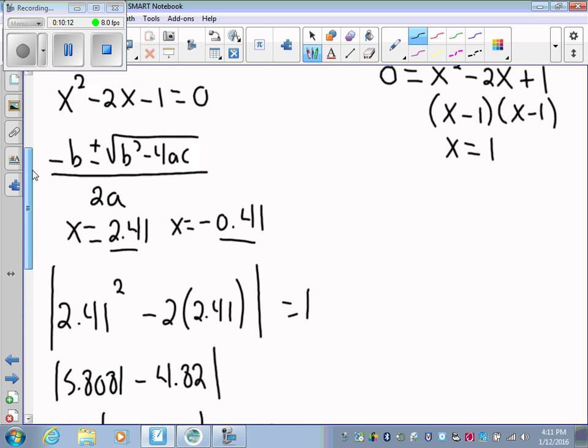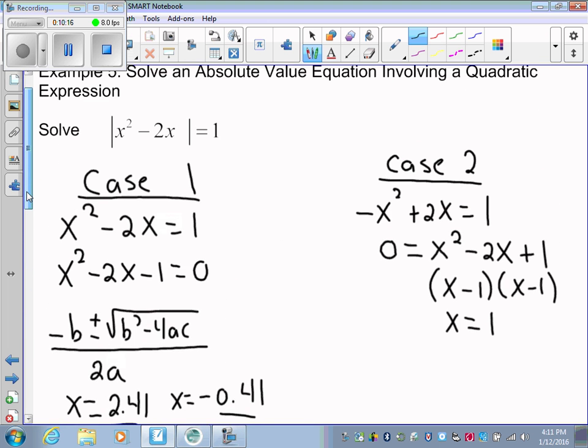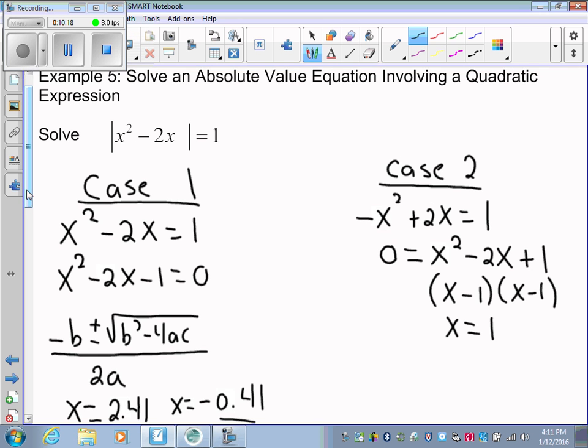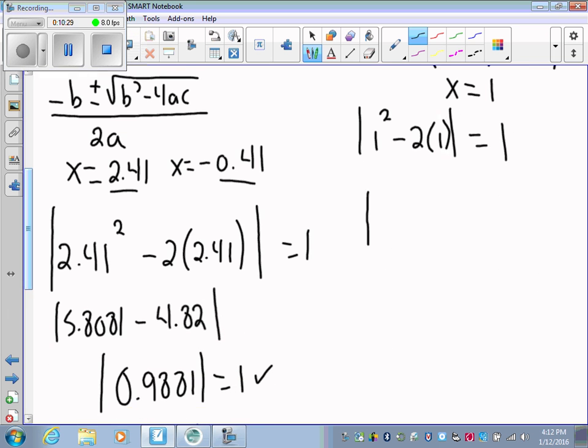Now we also need to verify this one over here. So if I put 1 in, 1 squared minus 2 times 1 should equal 1. Let's check to see. 1 squared is 1, minus 2 is negative 1.